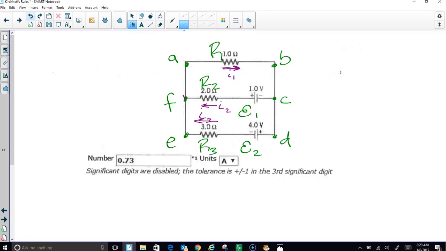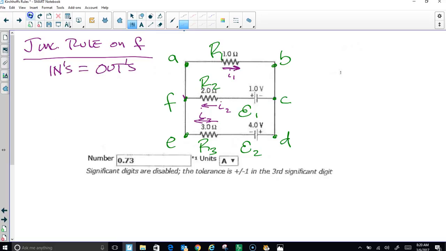So, you ready? Let's do a junction rule first. Pick a junction, F or C. Alright, F it is. So we're going to do junction rule on point F. So ask yourself, junction rule says that all of the current ins have to equal all the outs.